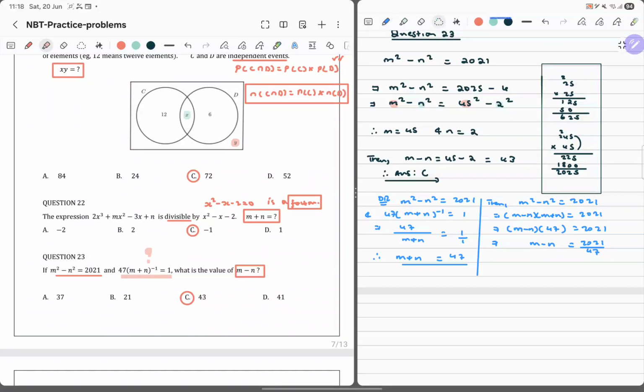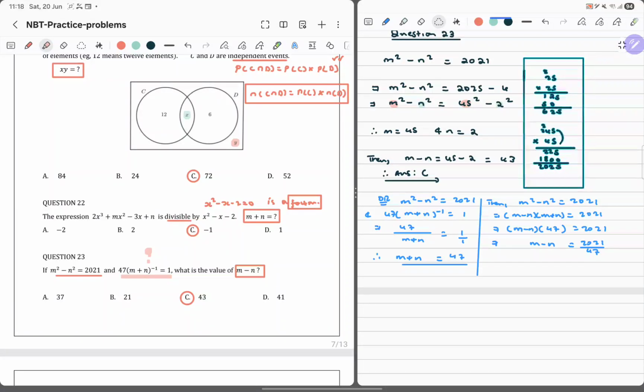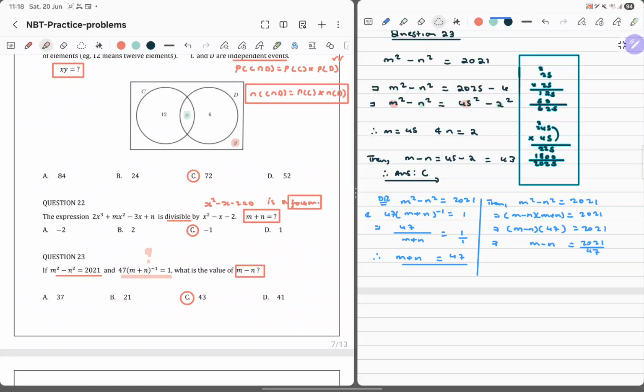Okay, so this sends us up an incline as well. So let's move this one in. So if we look at our long division, so we've got 47 into 2021.